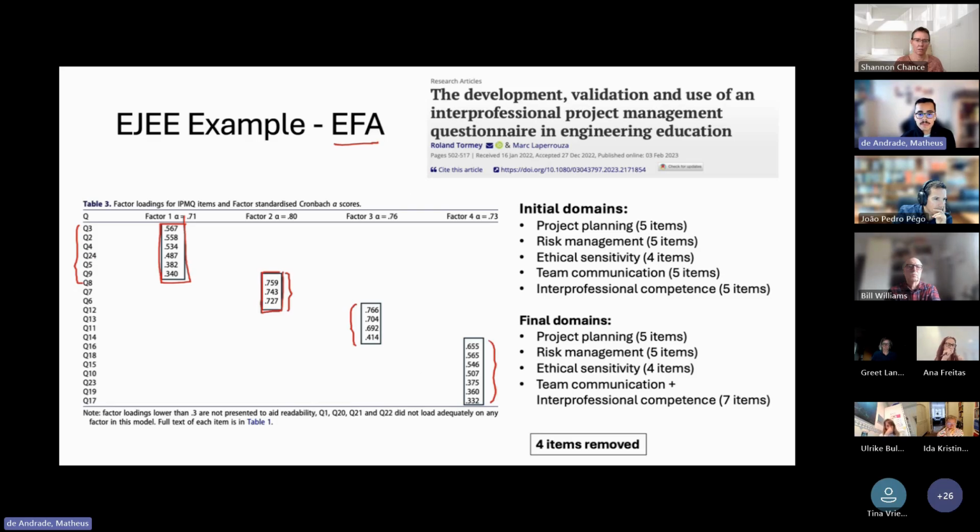So for example, project planning was a dimension of measurement of interprofessional project management. Project planning was a dimension, as were risk management, ethical sensitivity, team communication, and interprofessional competence. Together, these items will give you a number, let's call them A, B, C, and D. And these are the numbers that we focus on to do the statistical tests.